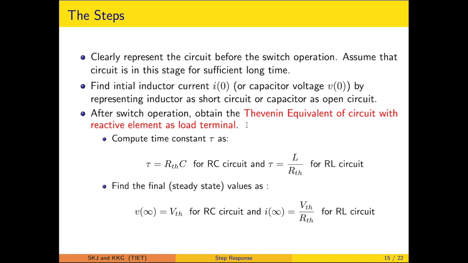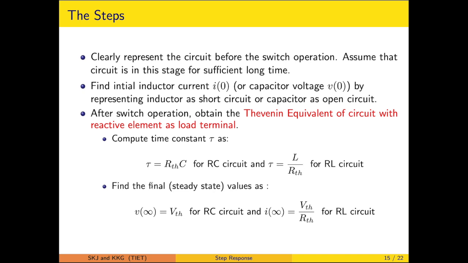With that consideration, whatever RTH is calculated will decide the value of the time constant for both RC and RL circuits. For the RC it will be RTH into C. For the case of RL it will be L upon RTH.